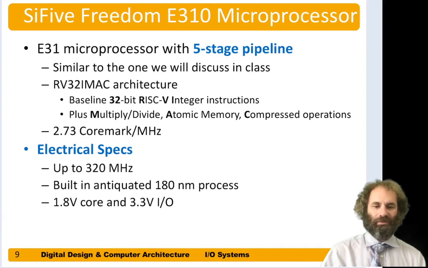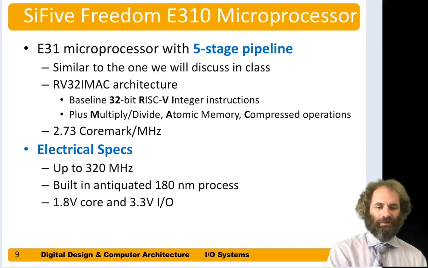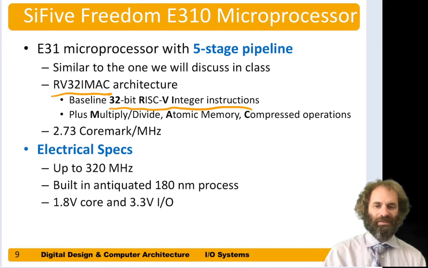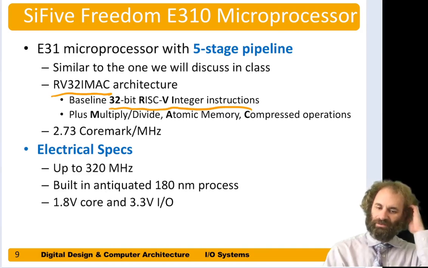First is the E31 microprocessor. It has a 5-stage pipeline like we'll be talking about in Chapter 7 of this class. And it follows the RV32IMAC architecture. RV32I is the 32-bit RISC-V integer instructions, the standard instruction set. And then in addition to that, there's several supplements.